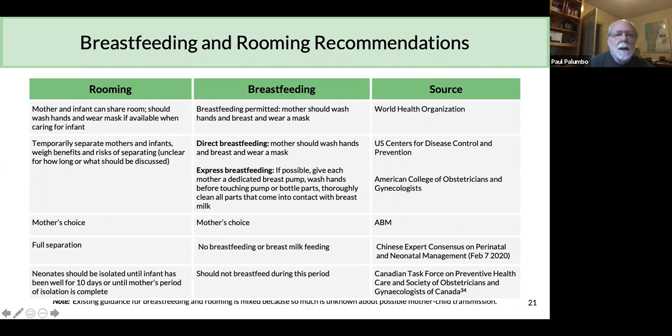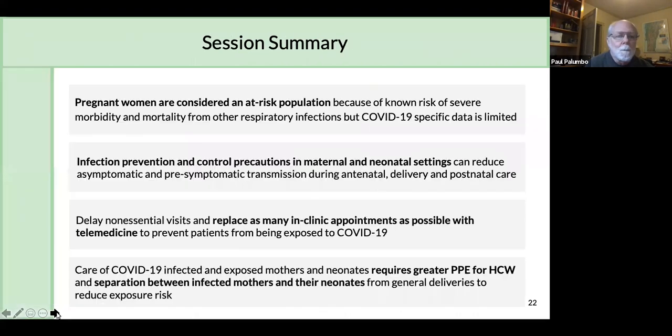Do we have another slide, Ann? Yes. So, summary. Pregnant women are considered an at-risk population, but the COVID-19 specific data is limited. What we do have suggests no increased risk to pregnant women in the way of COVID-19 infection.